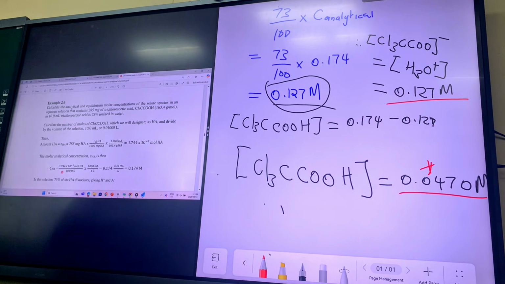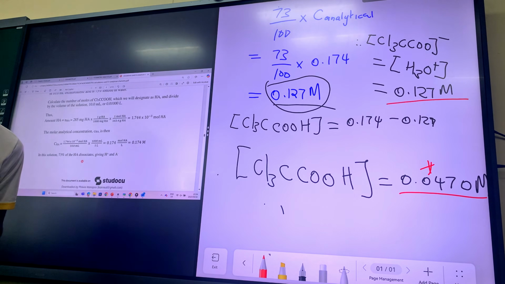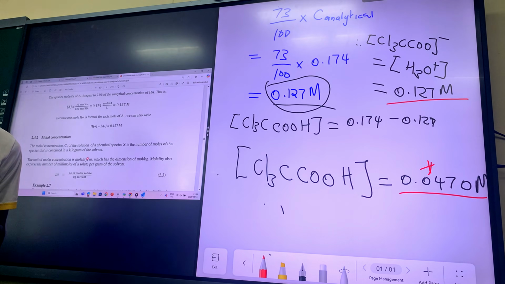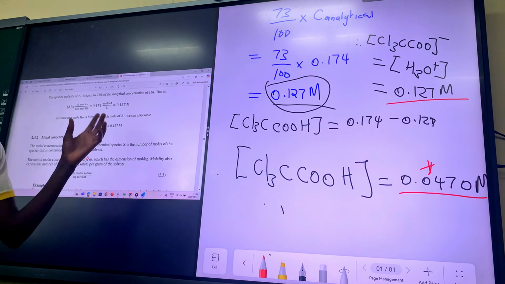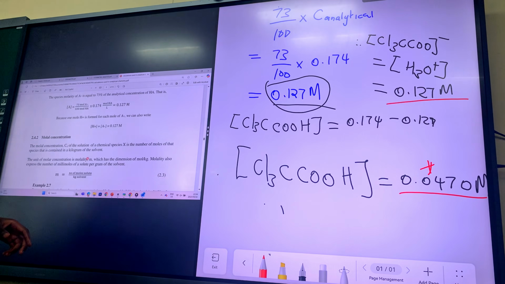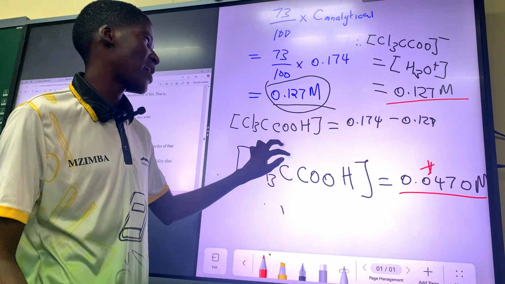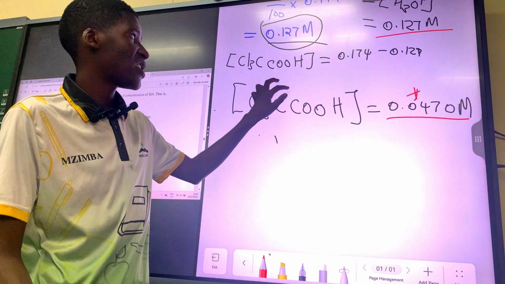So that's the idea that you use for analytical and equilibrium. Analytical is just the entire concentration, and equilibrium is the one that you find at equilibrium.